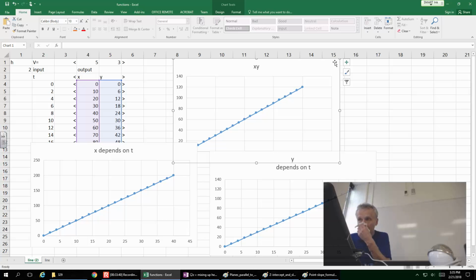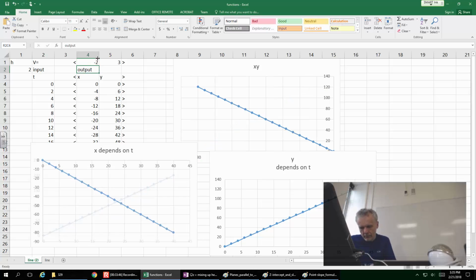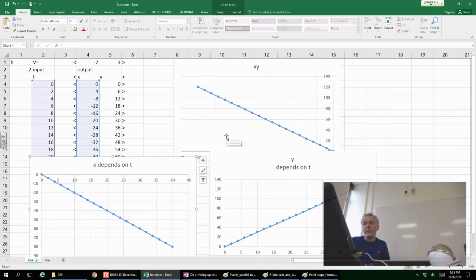To make that point clear, how about I put here, say, -2. So they do not all look the same. These are actually 2 functions at the bottom: x depends on t and y depends on t. And x and y are related to each other as 2 dependent variables at the top right.